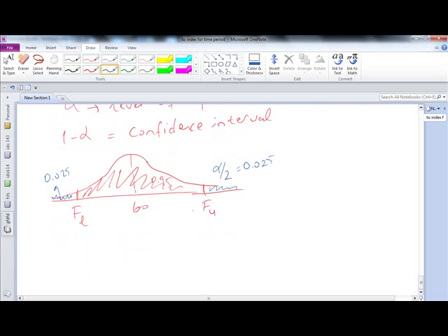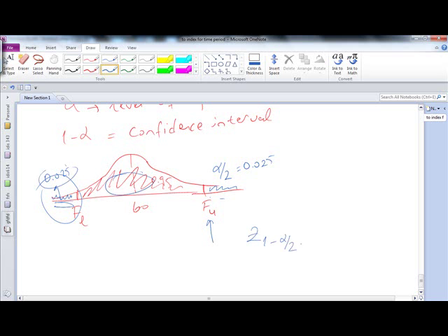And for Z value, depending on the table, I might be able to read this part or this part. If this part is the one I'm reading, then I'm just going to read the Z value corresponding to 0.025. If I'm reading the upper bound Z value, then I need to make sure that although this area is 0.95, there's an additional 0.025 there, so I need to read the Z value for 1 minus alpha by 2, right?